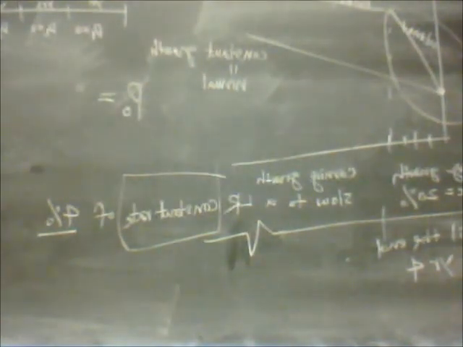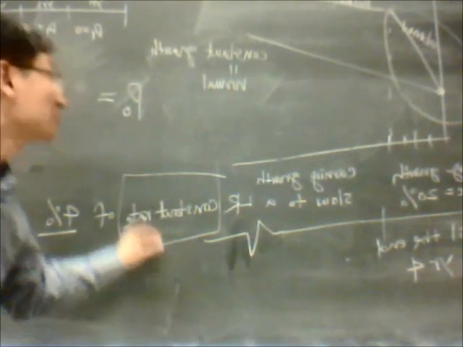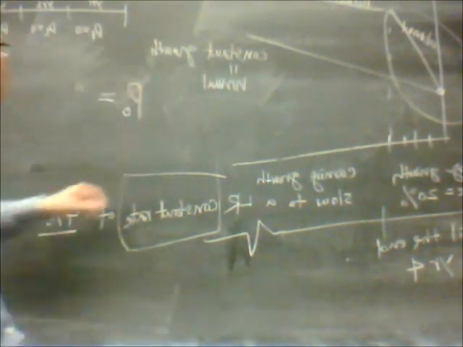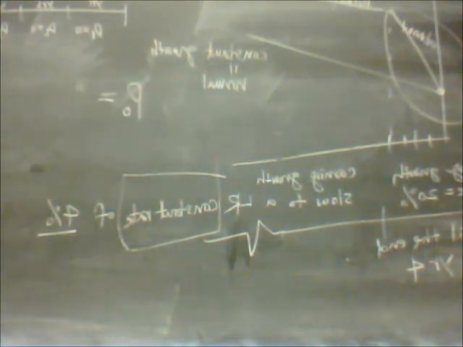For a growing perpetuity, what formula do we use? Constant growth model. At what point in time can we use the constant growth model?